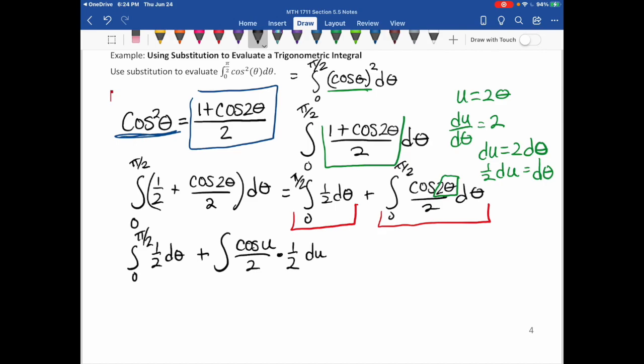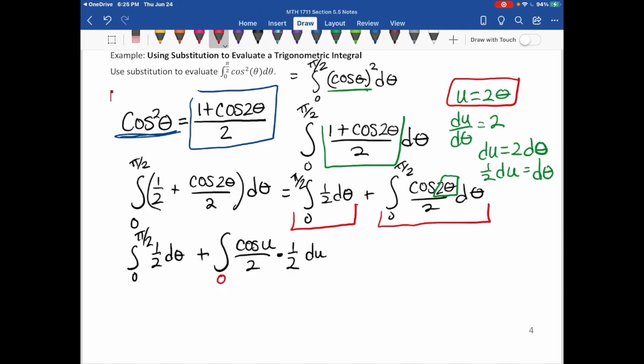Now I have to find my new limits. When theta is 0, I'm going to plug that in here because this was our substitution. Our lower limit is 0, so when theta is 0, u is going to be 0. I'm going to replace that here.